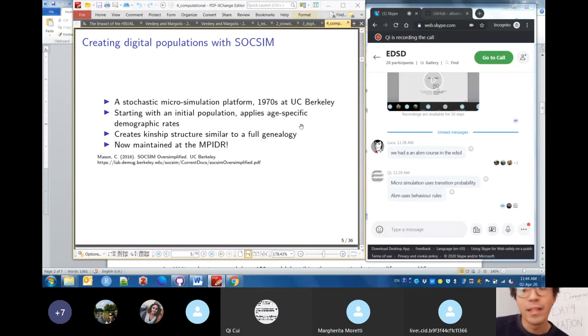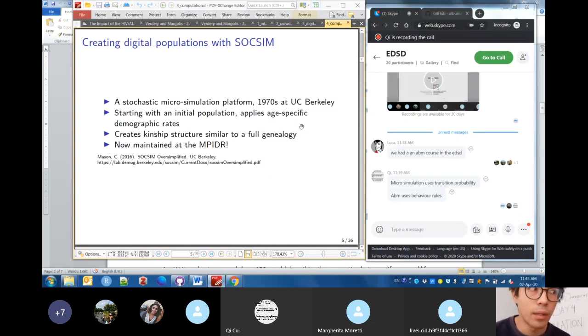And the idea is to host it at the institute and also make it easier for people to use. So if this is something that you're interested in, please do get in touch with me or with Tom, and we can arrange something. The other thing is that at the moment, it only runs on Unix systems.